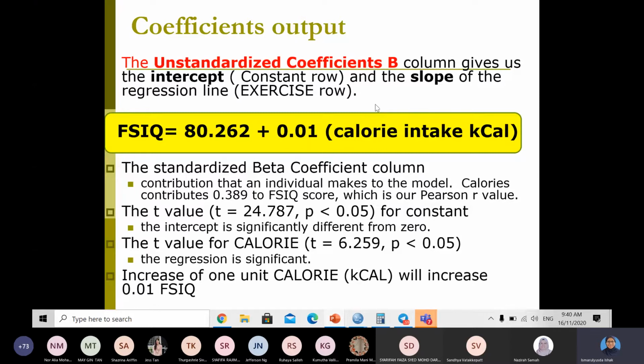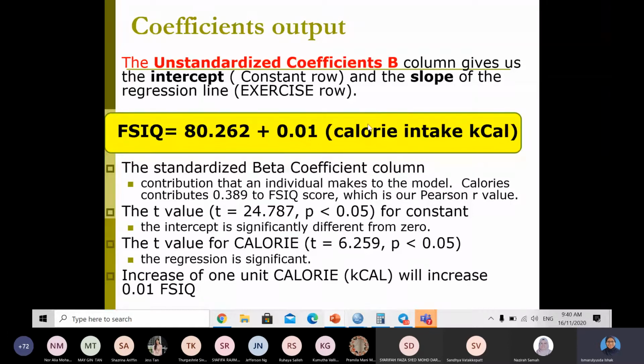So when the calorie is 1 unit, your full scale IQ, when the constant remains constant, plus 0.01. That means the full scale IQ increases 0.01 when the calorie is 1.